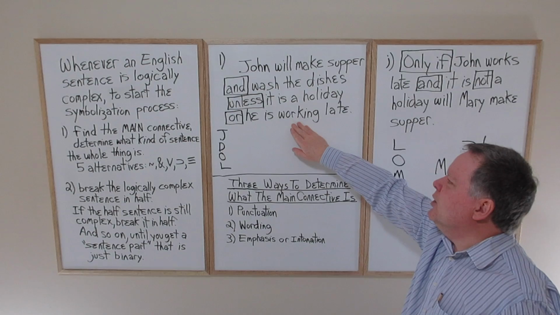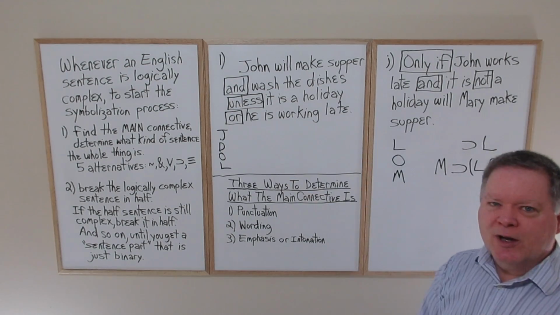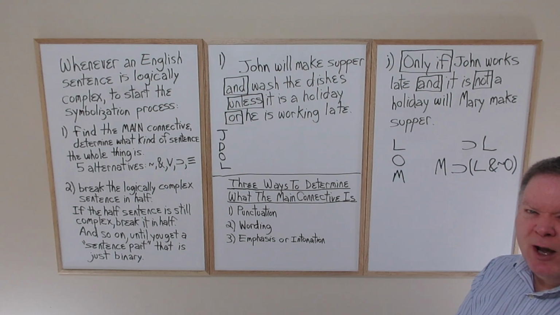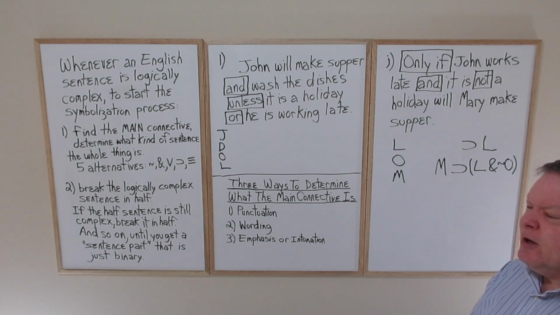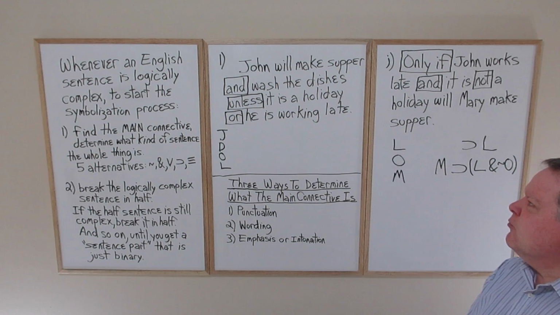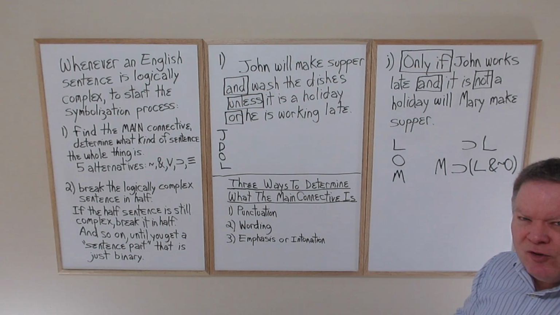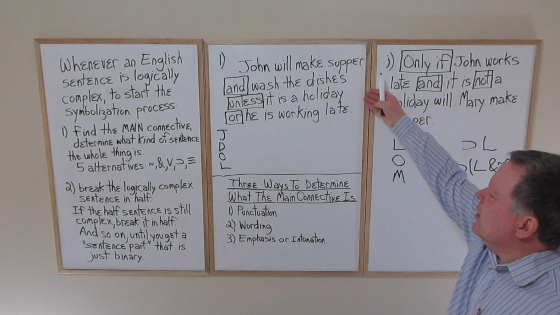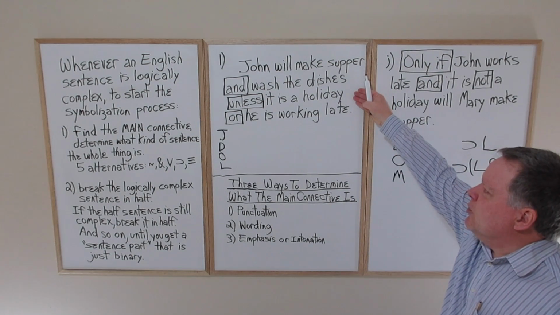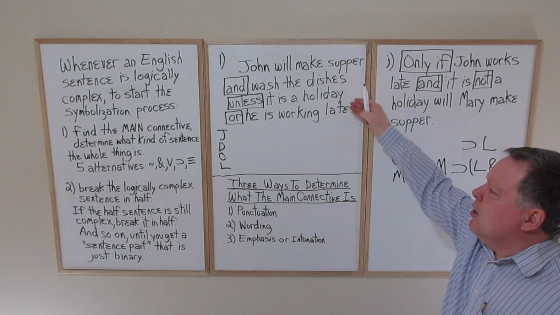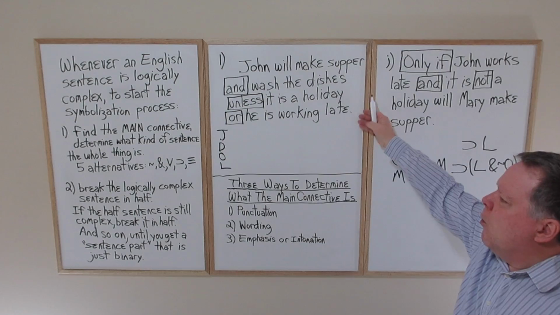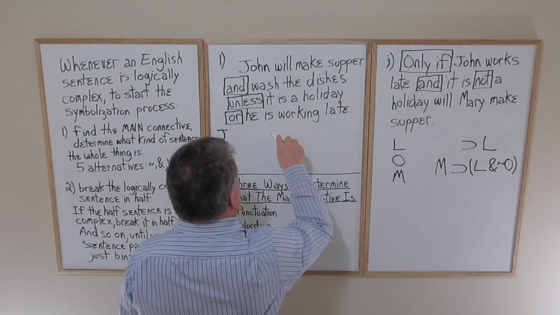It is a holiday or he is working late. What's the rule for the unless again? You take the sentence immediately after the word unless, and the sentence immediately after the word unless, in this case, isn't just the simple sentence, it's a holiday, but it's the disjunction, it's a holiday or he is working late.